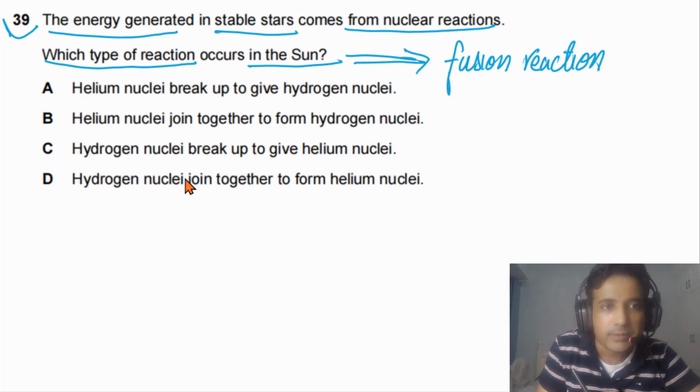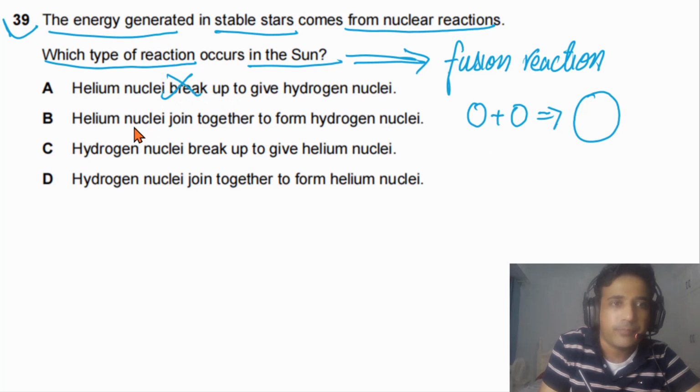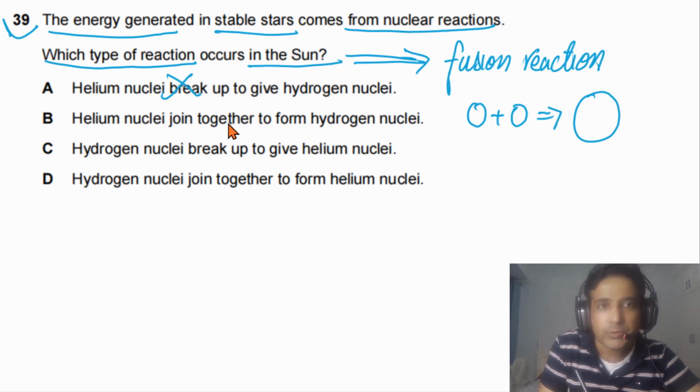So if you look at given answers, helium nuclei break up. No. Fusion means that smaller nuclei combine together to form a heavier nucleus. So in this case hydrogen combines to form helium. Helium nuclei join together to form helium, so this is wrong.